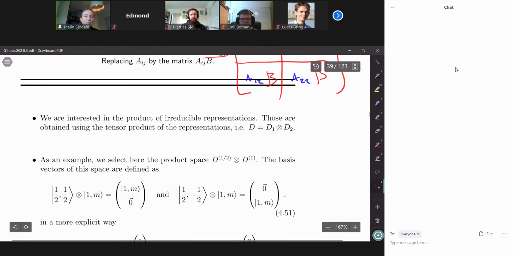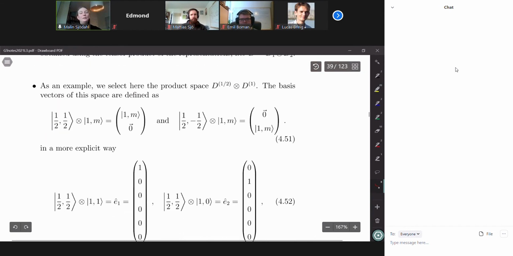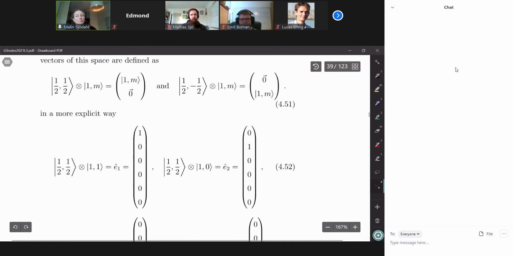So it's (1, 0) here and a general state 1, m here. Then we have the lowest state here and the more general state here. So it's (0, 1) and 1, m. This is now, of course, a three-dimensional object because we can have the values 1, 0, and -1 here, and the same here. So these objects are 6 entries long, and we can write them down more explicitly.